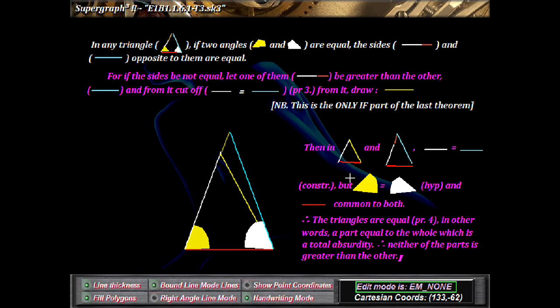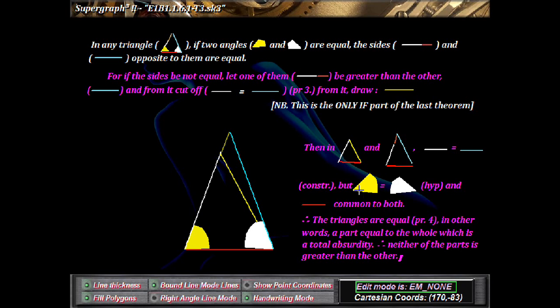I just gotta get this right. If we don't have two sides equal, we have an equal side and an equal angle. But these are white equals to blue. Oh yes, okay. Blue and white are equal.